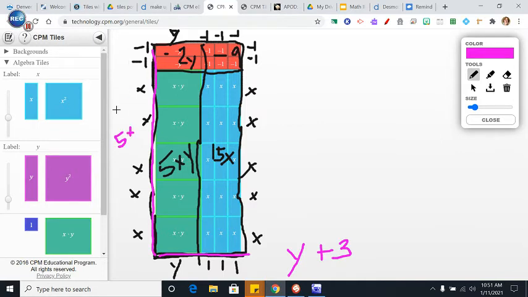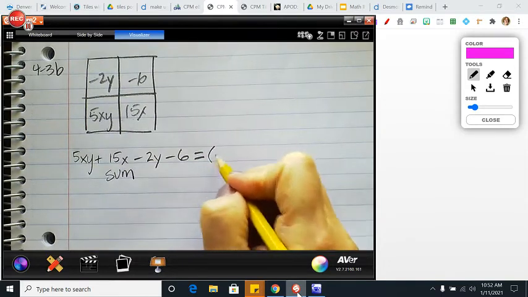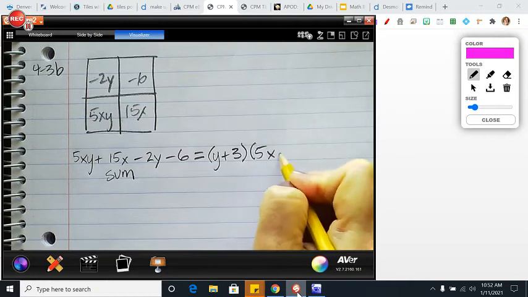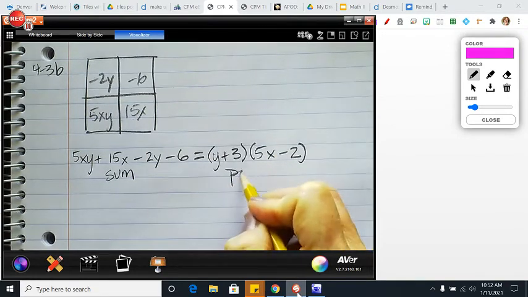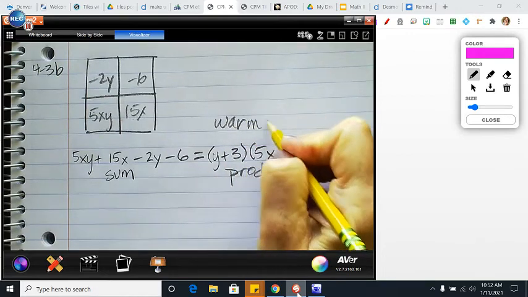And then you've got -1 plus -1, so that's 5X minus 2. So then your product would be Y plus 3 times 5X minus 2. That's your product. So that goes in for the warm-up.